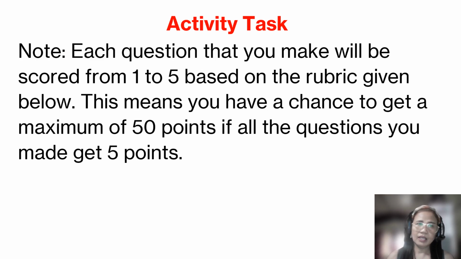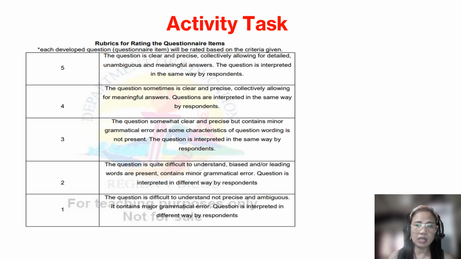Right? Note, each question that you make will be scored from 1 to 5 based on the rubric given below. This means you have a chance to get a maximum of 50 points if all the questions you made get 5 points. But as I said, we'll settle for 5 questions. Right? So this will be the rubrics I will be using to grade your questionnaires.